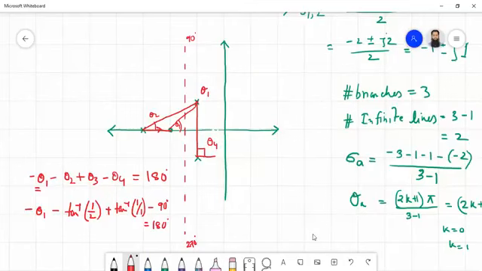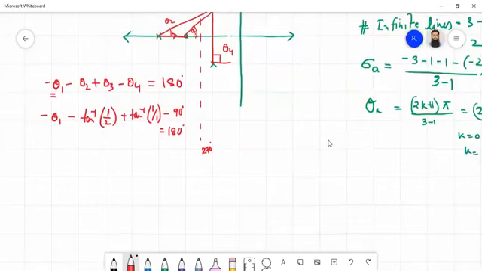So if you calculate them now, basically it is minus theta 1 minus tan inverse 1 by 2, that is minus 26.565, plus 45 degrees, tan inverse 1 is 45 degrees, minus 90 degrees equal to 180 degrees.